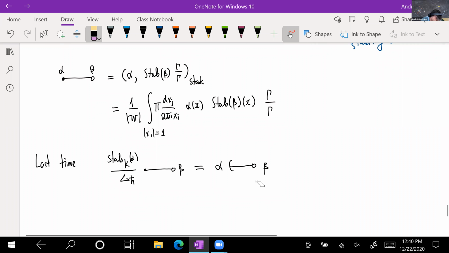And then if we use this formula here, what do we get here? But this is the fundamental solution of the Q difference equation.